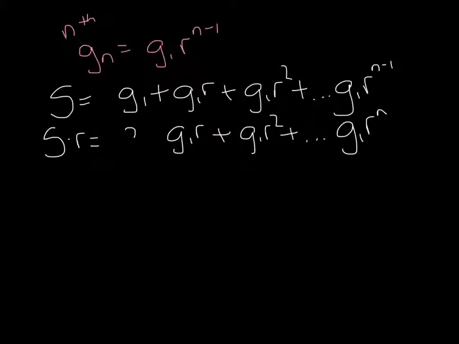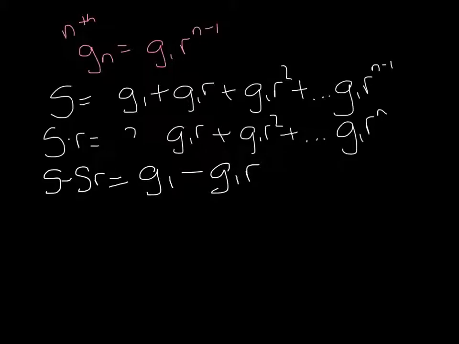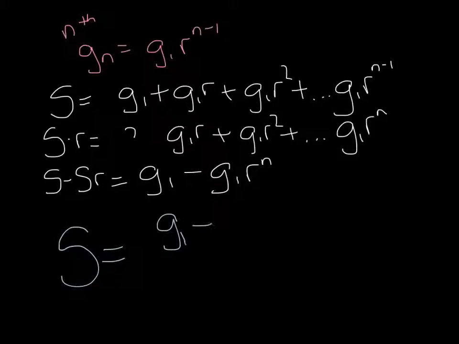Then, if we subtract these two equations, what we end up with is s minus sr equals g1 minus g1r to the n, because all of the other terms in the middle cancel out. So using this, we can do a little bit of algebraic manipulation, and we end up with the formula for our sum, which is g1 minus g1 times r to the nth over 1 minus r.